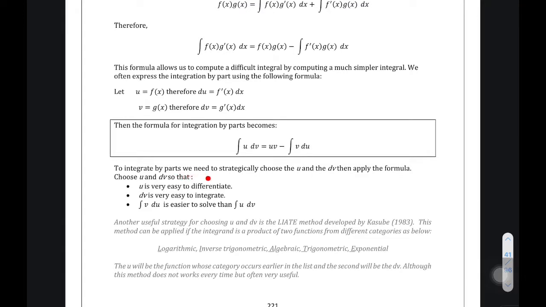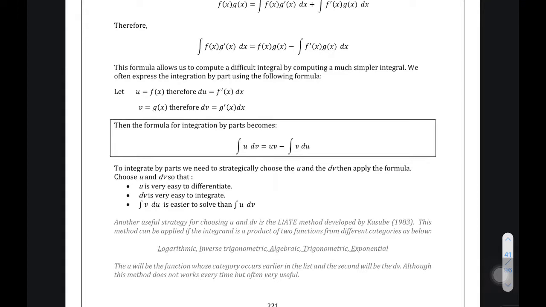To integrate by parts, we need to strategically choose the u and the dv, then apply the formula. Choose u and dv so that u is very easy to differentiate, and dv is very easy for you to integrate. Then integrating v du should be easier to solve than the original question.